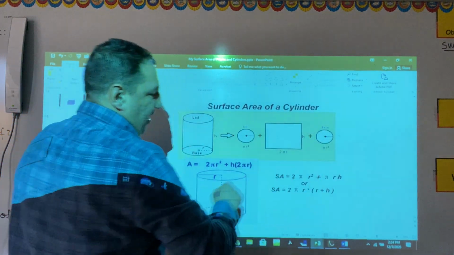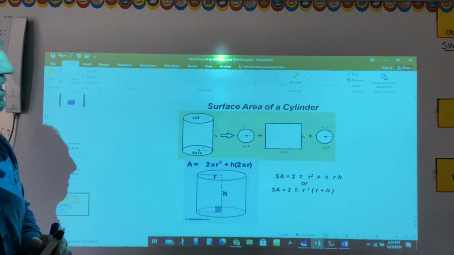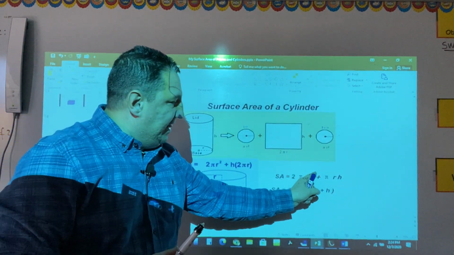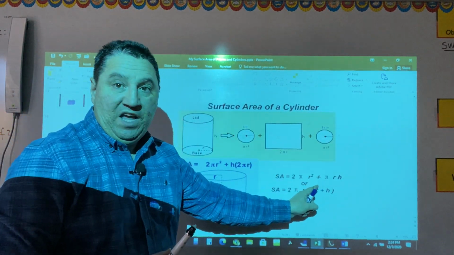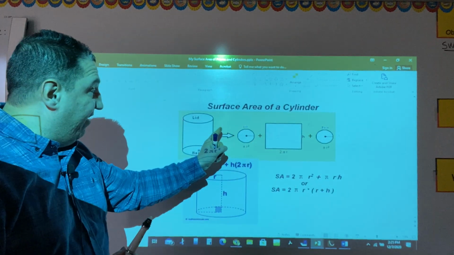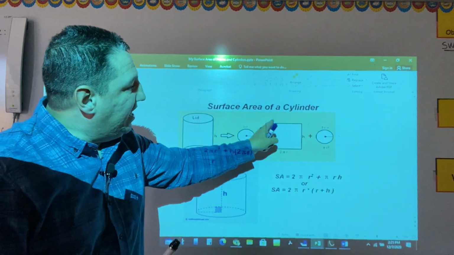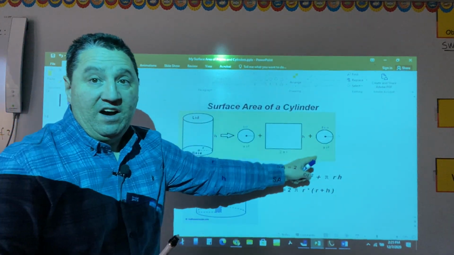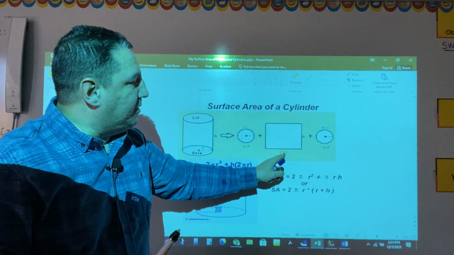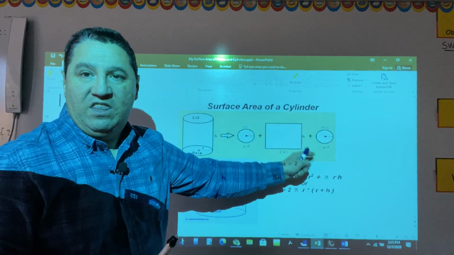And the surface area would be 2 times pi times r squared plus 2 times pi times r times h. This is the area of the bases, and this is the lateral area. In fact, 2 times pi times r times h is the area of this rectangle, right? 2 times pi times r is the length, and height or width is h.